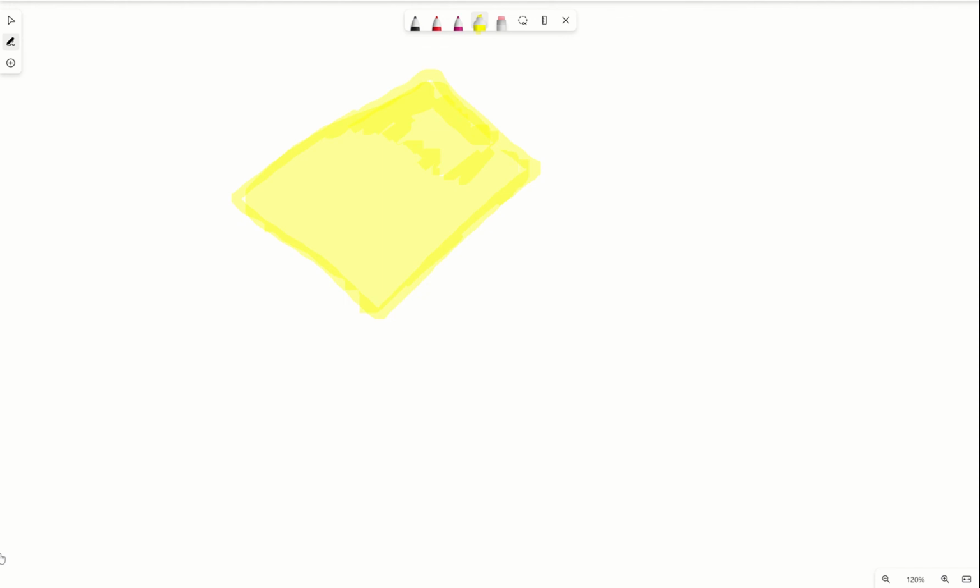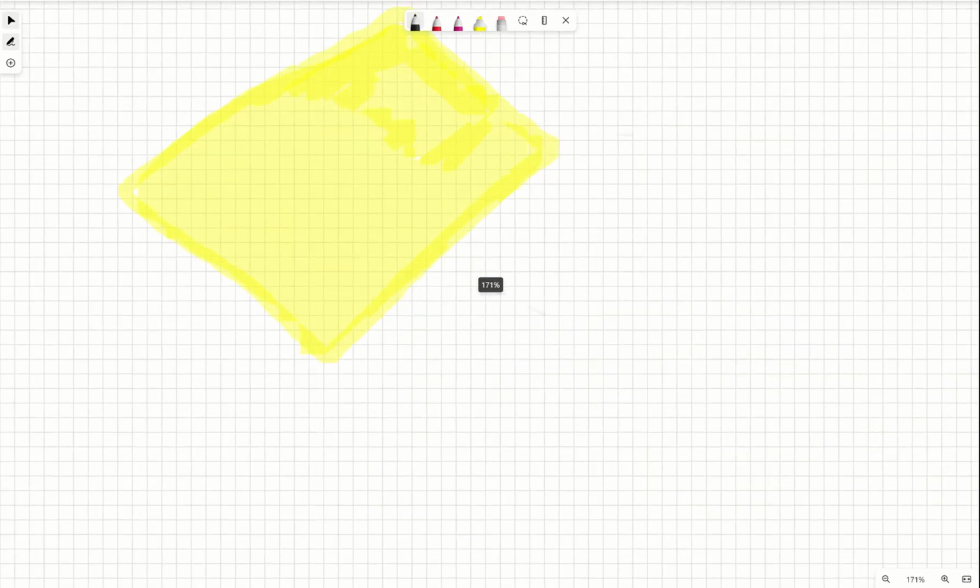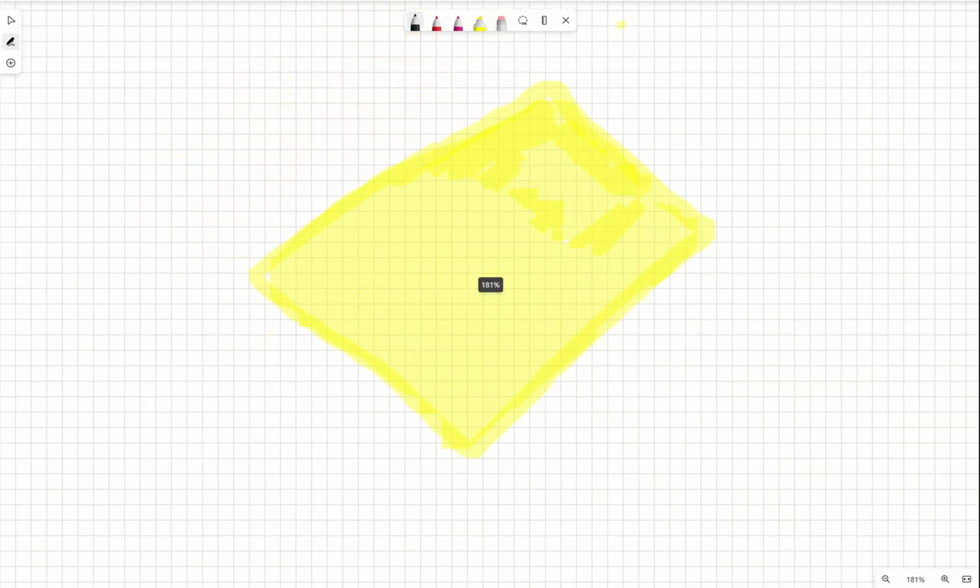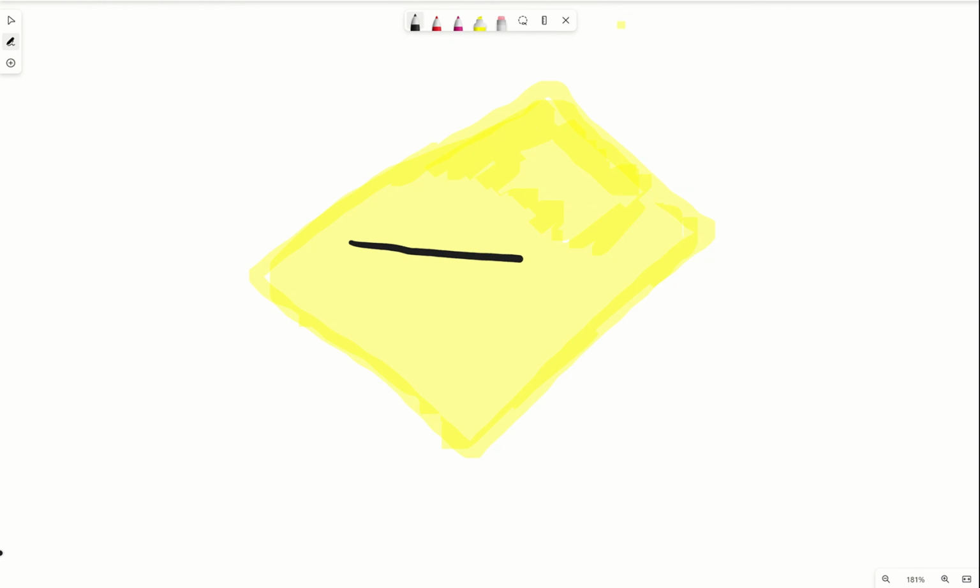All right, and on this plane, we have some values. There's a line, and there's another line. Got a point here. I'll do a different color for points.